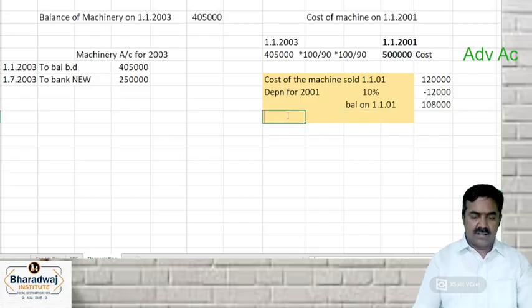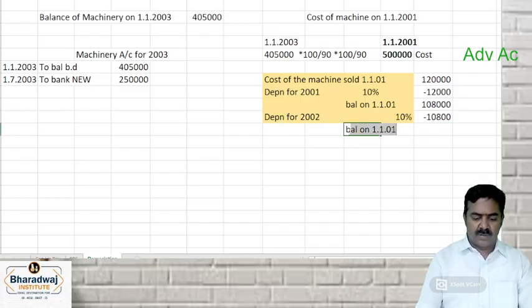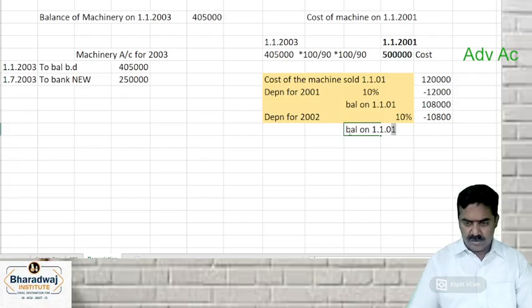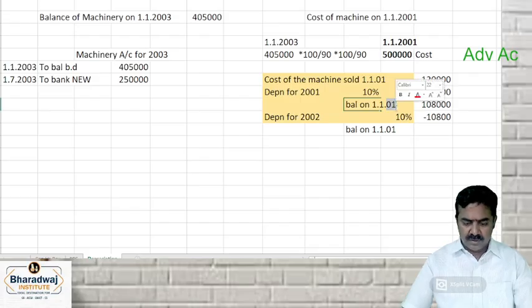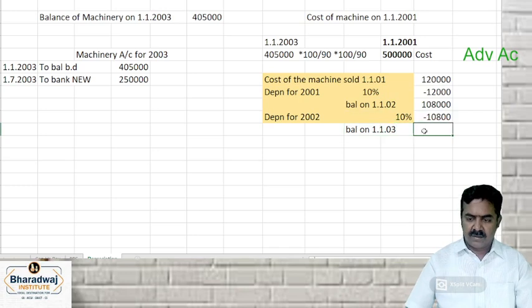Then depreciation for 2002, அதுக்கு 10%, 10,800. This is the balance on 1/1/2002, and this is the balance on 1/1/2003. How much balance?